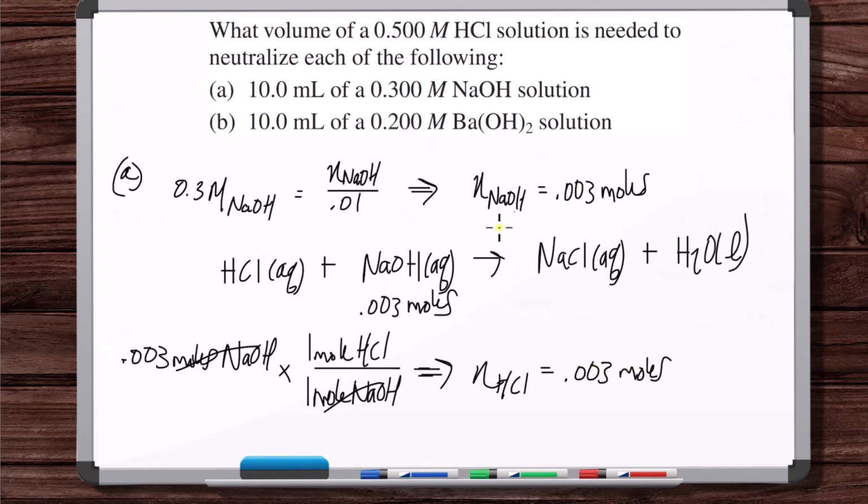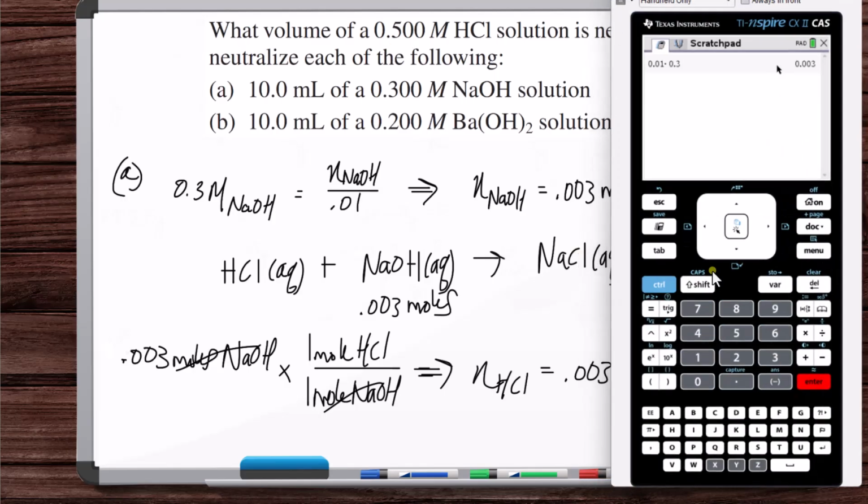But we know the concentration of this HCl solution, so we can just solve for the volume, because molarity is equal to n divided by V. So V is equal to n divided by M. So just take 0.003 and divide it by 0.5. And then we can put this in milliliters. So 6 milliliters.